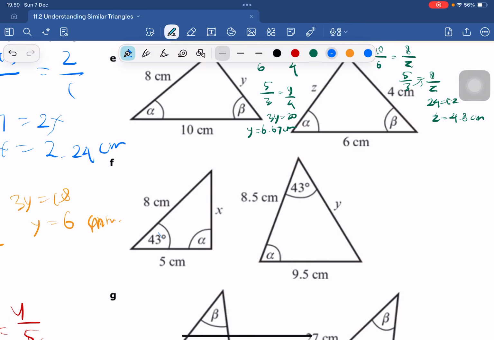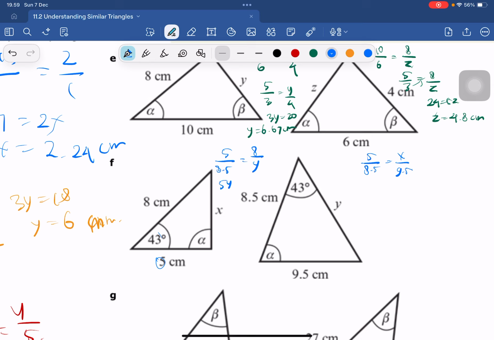Okay, here 43 and 43. So this is F. So first we got 5 over 8.5 equal to 8 over y. And next we got 5 over 8.5 equal to x over 9.5. Okay, let's proceed.